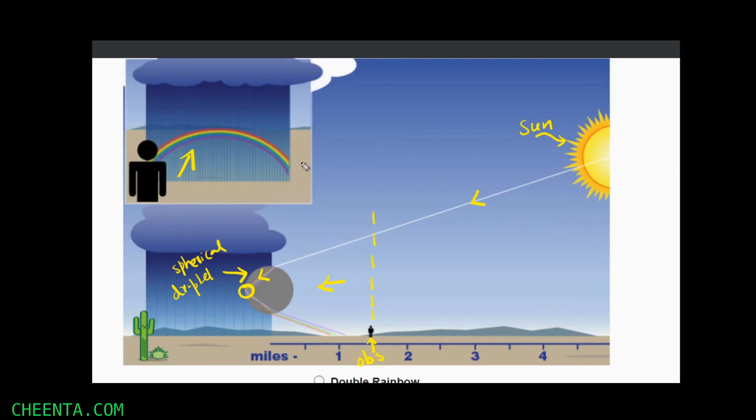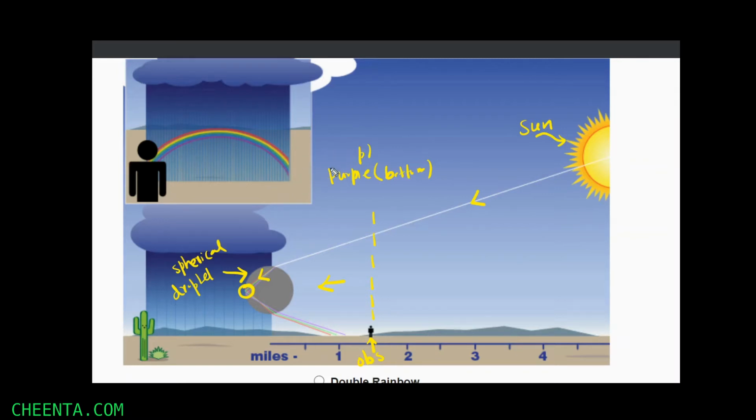And notice the color arrangement of this rainbow. Here towards the top there is red, and the purple color is towards the bottom.